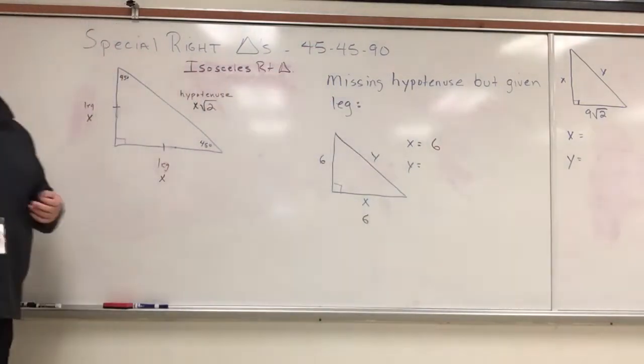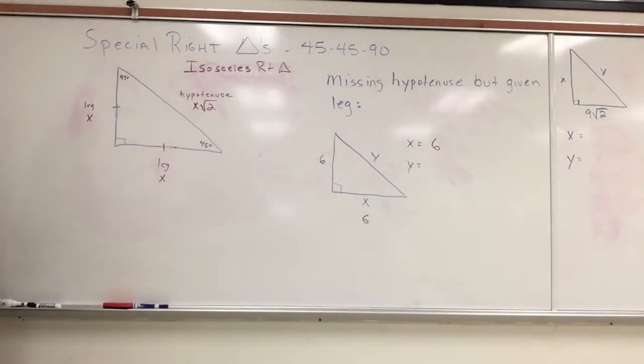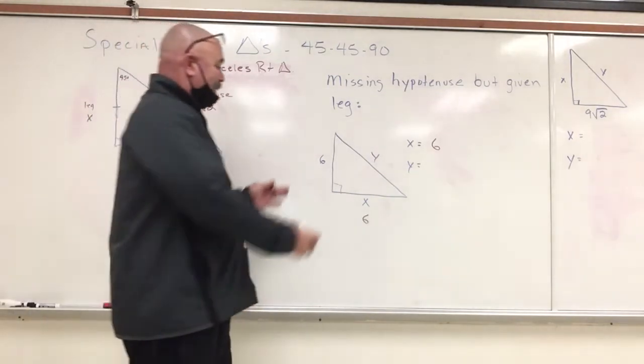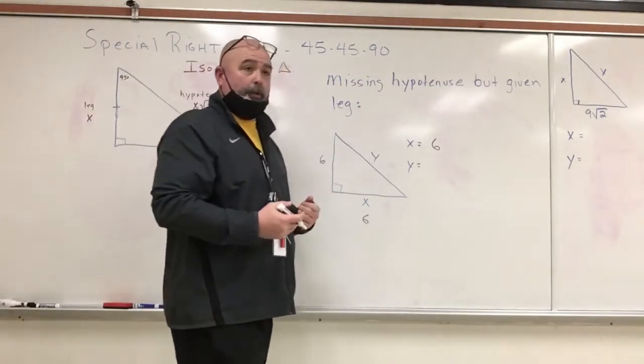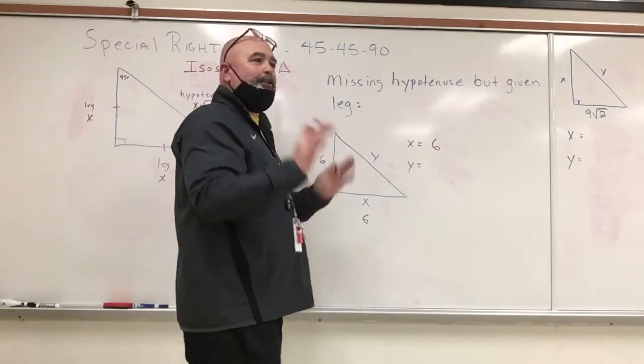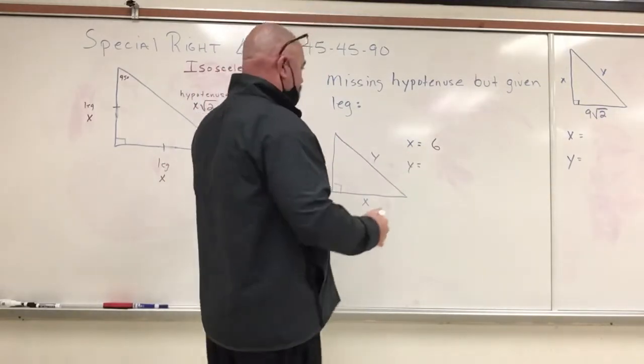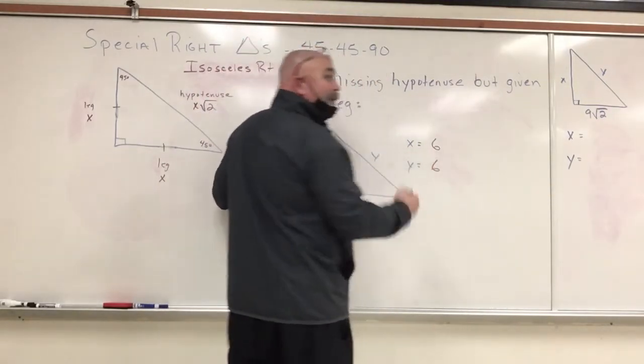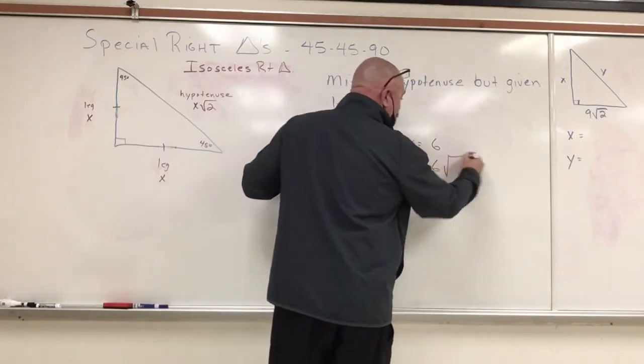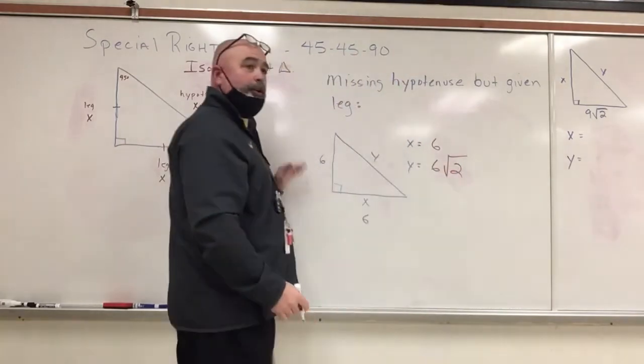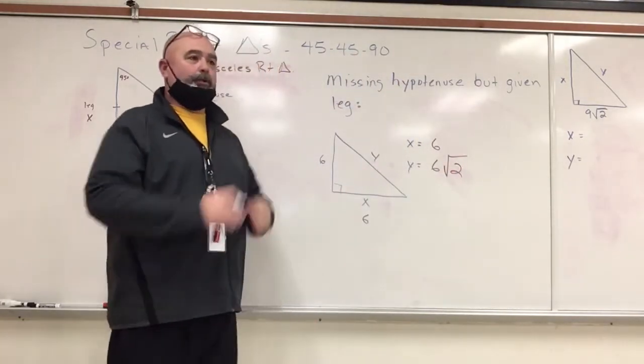You see how simple that is? The hypotenuse is the leg times the square root of 2. In this case, you don't need a calculator. So 6 times the square root of 2 would be 6 square root of 2. That's what y is equal to, and I'm done.